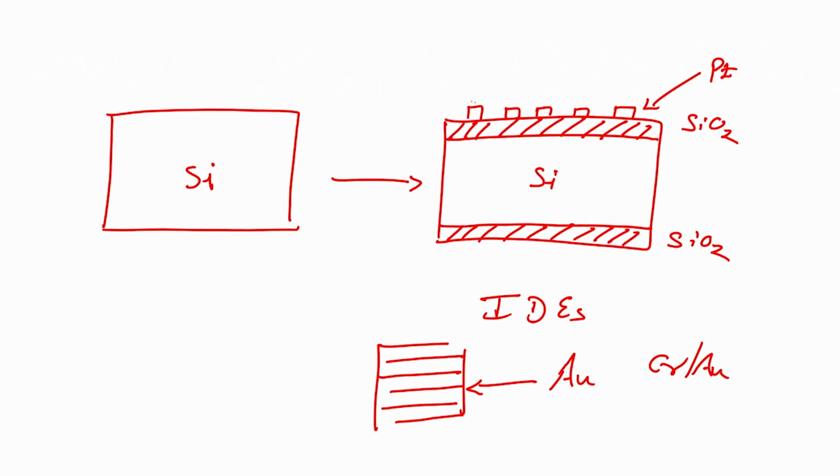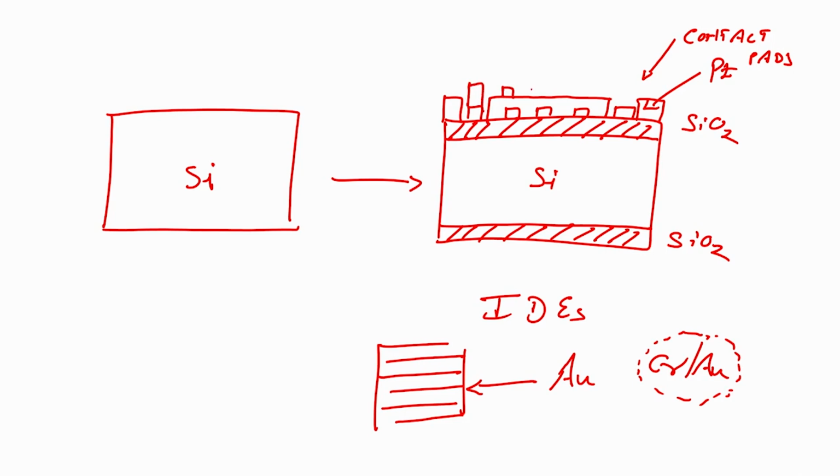So, I have to deposit an insulating material and then perform lithography to open the window. The window is only for contact pads here. Now, on this if I deposit a metal which is my chrome gold and I pattern it, then I will have my interdigitated electrodes.